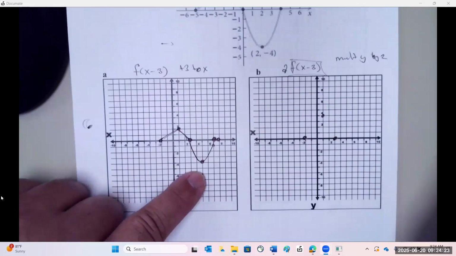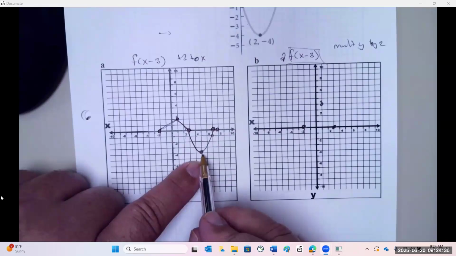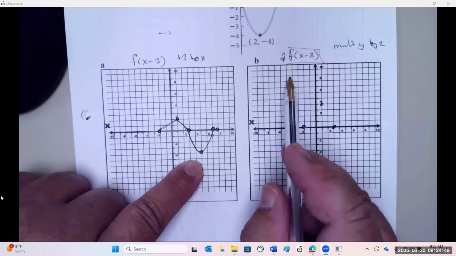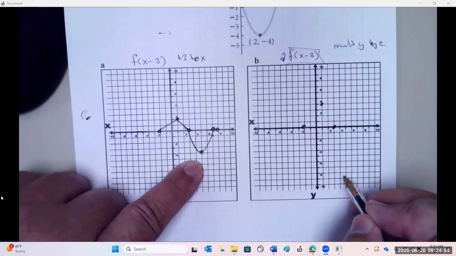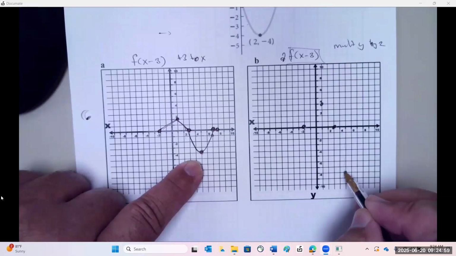We've got another point here. It's 5, 4. What's this location right now? 5, -4. So what does it become with this transformation? 5, -8.